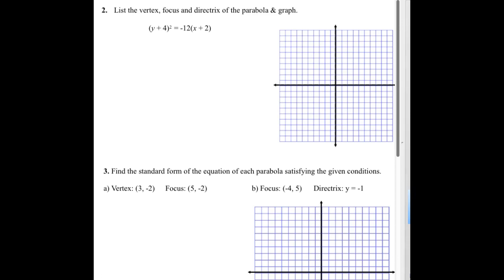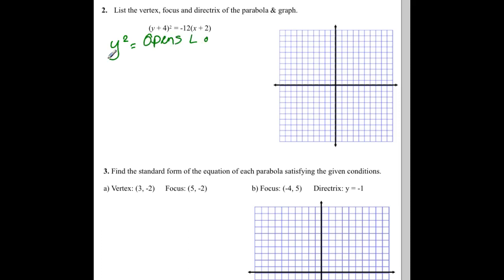Do we have x squared or y squared? Y squared tells me what? Okay, so it's going to open left or right. And then can we figure out p from our equation? Okay, so 4p is -12.